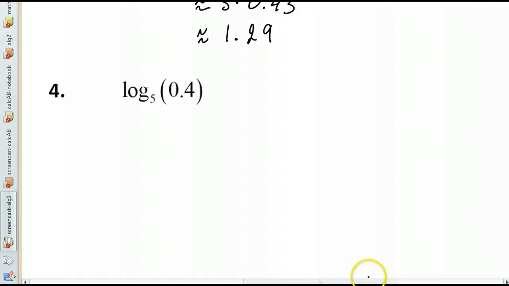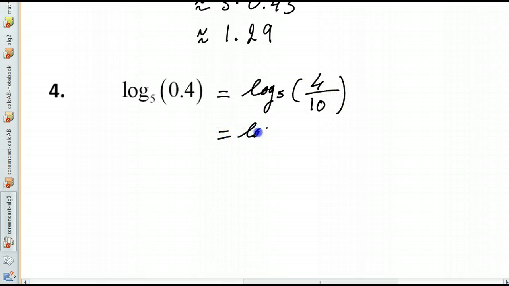Okay, all right. I hope it's not difficult. It's like a puzzle. 0.4. Well, listen, if you don't see that it is 2/5 right away, that's okay. Just use 0.4. That's 4 divided by 10, right? You move the decimal point, and now if you reduce that, you will see it's 2/5. So it's log base 5 of 2/5.